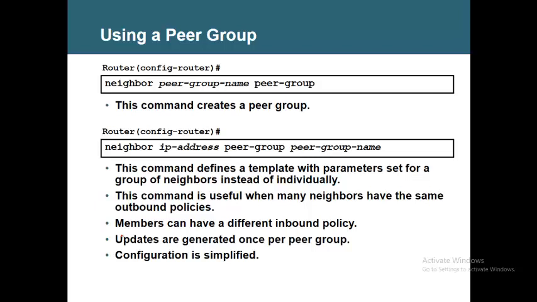But I'm not saying that you should not use it with EBGP. Between multiple EBGPs, we may not have a common policy, and we will not have outbound policy. With EBGP, will you have outbound policy? No. With IBGP only, we'll have a common outbound policy.